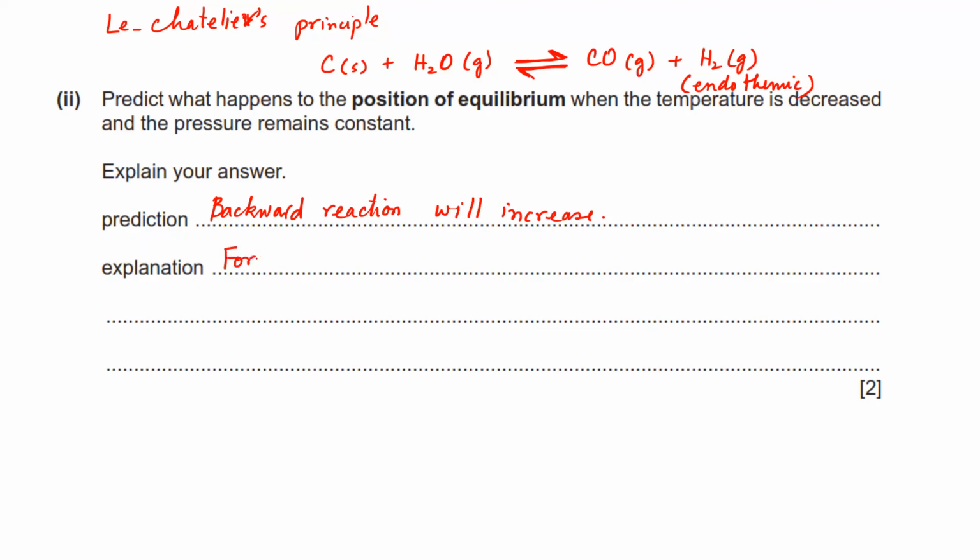Okay, so the prediction: forward reaction is endothermic, causes decrease in temperature.